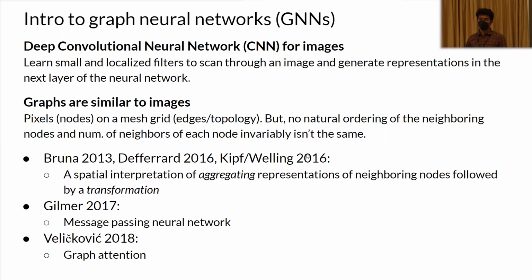There is some spatial relationship between them, so you can think of this as a mesh graph of all the pixels, arranged with each other based on the underlying graph. There has been a lot of development where people adapted this idea into message passing, and some of the latest ideas are based on graph attention.